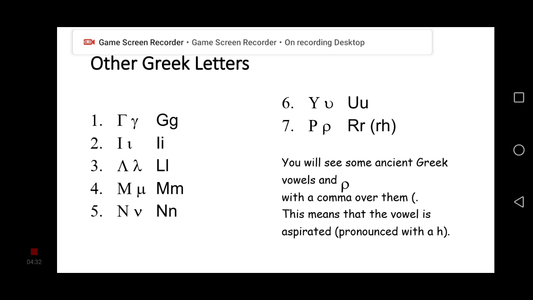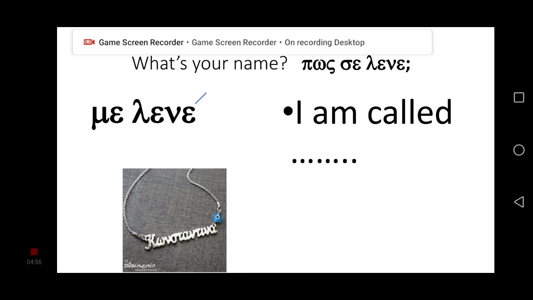Quite a lot of English words that come from Greek with a Y originally were written as an upsilon. And then you have got the rho, which is an R sound, and sometimes it can be an RH sound. So we've already discussed a little comma that goes over the letters in ancient Greek, which makes it a breathy sound. So you'll need that.